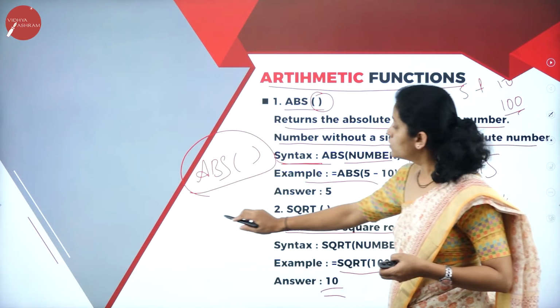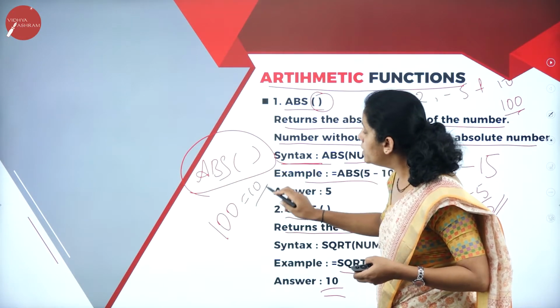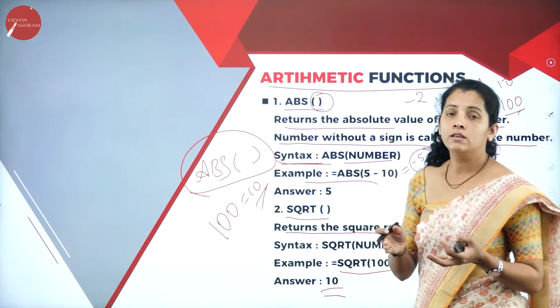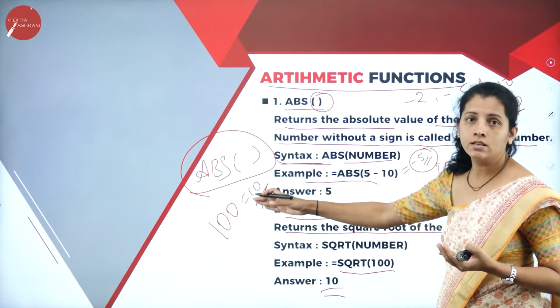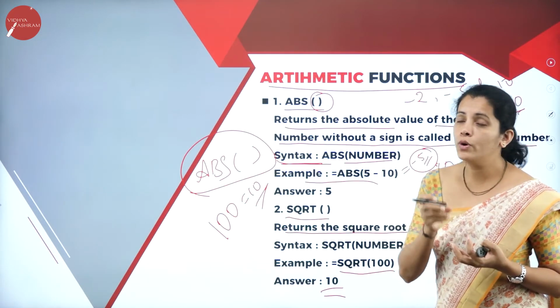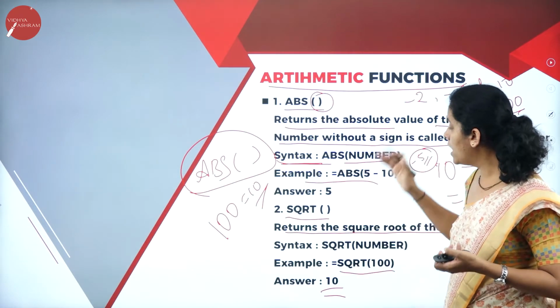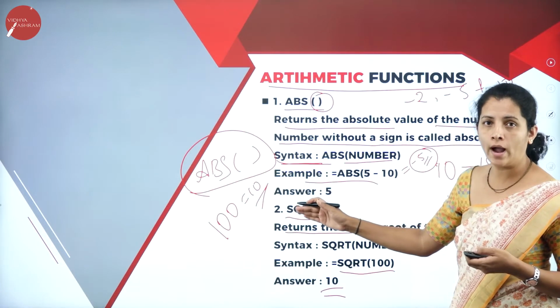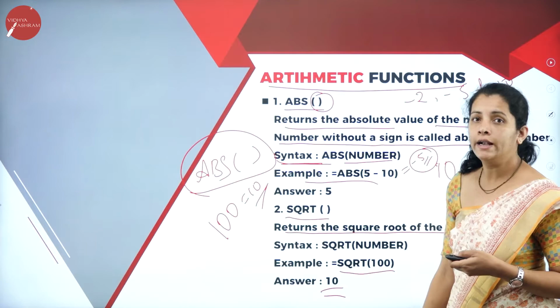So square root of 100 is 10. We know this in general, but the system cannot understand this, so we use the built-in function called square root, and I'm going to pass the value. The output I get is 10.